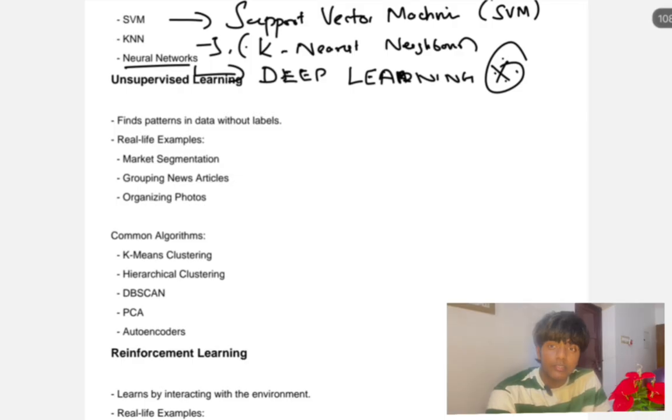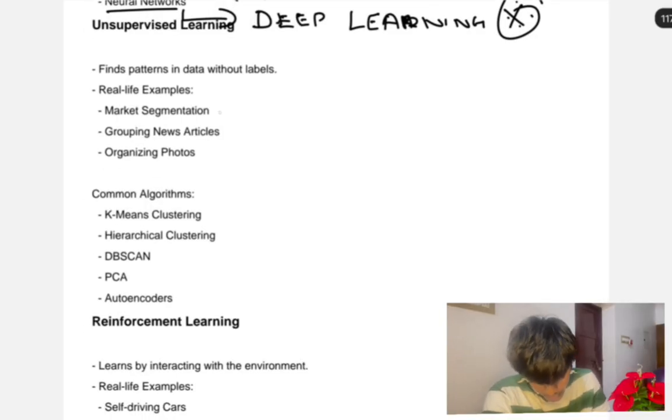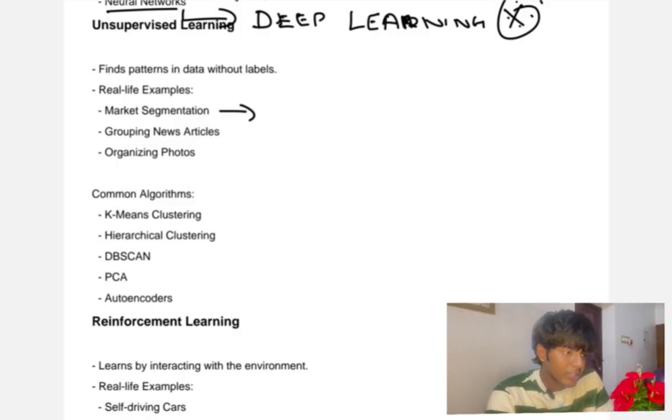The next thing is unsupervised learning. What is unsupervised learning? As I said, it doesn't need labeled data. Real-life examples include market segmentation. For example, a bank has data of its customers, but they only have the input data like the age of the person, the income, whether he is male or female, and his address, and they don't have the output, whether he or she is going to buy a loan or a credit card.